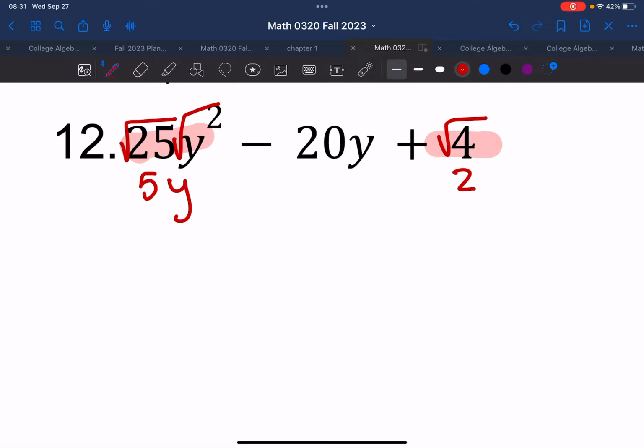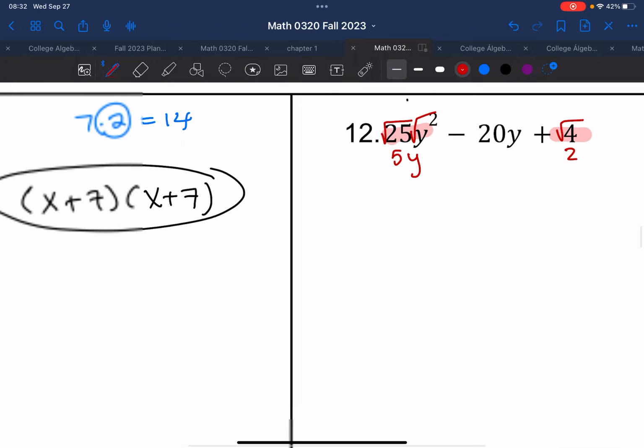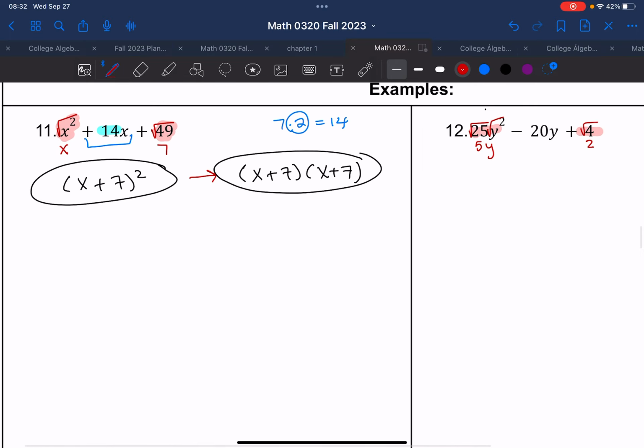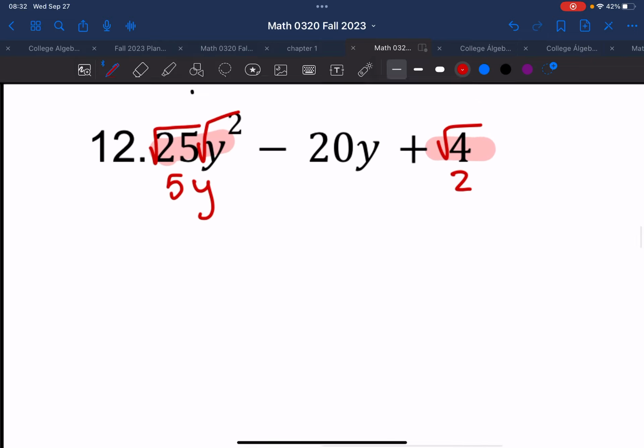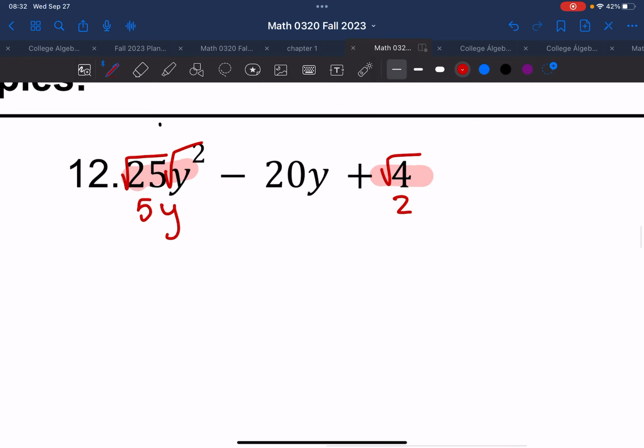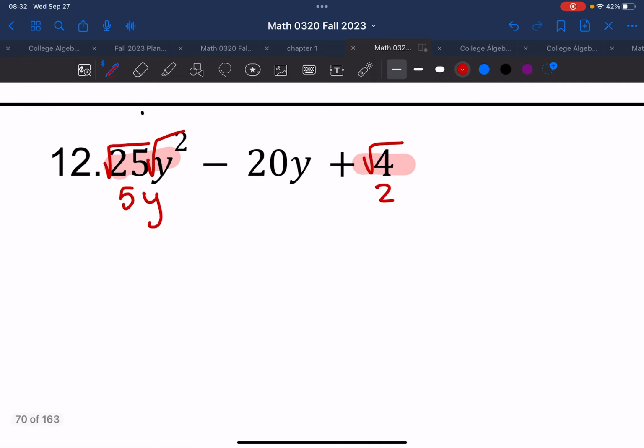In number 11, when we were checking to see if that middle term was double the 7, that was because there was not a number in front of our x squared. Now that we have a number in front of our y squared, we have to take those two numbers, so 5 times 2, and we get 10, and we have to check again, is our middle term double 10?